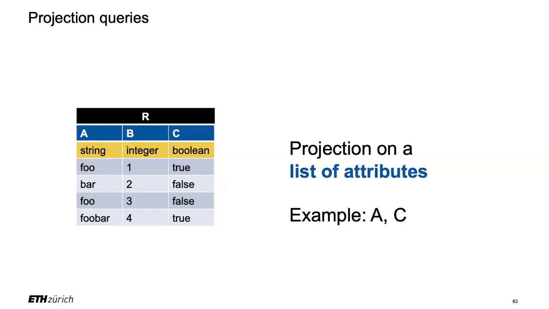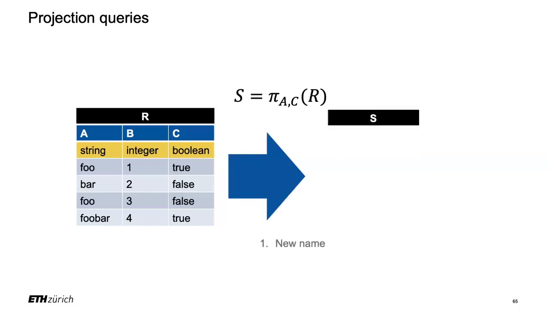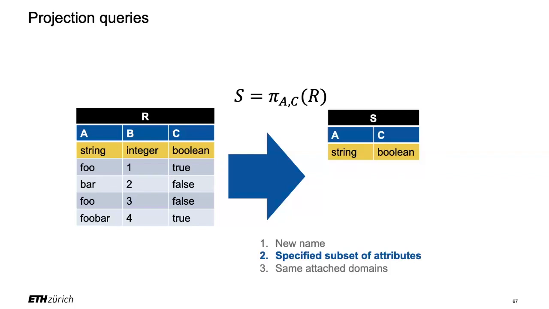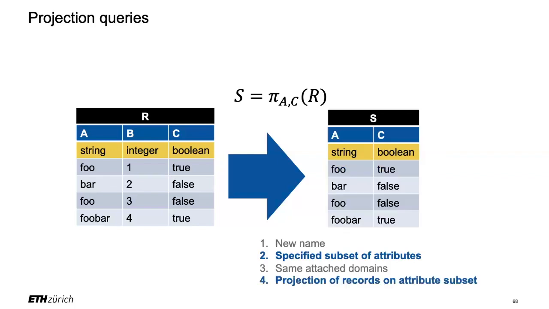For example, I have a table with attributes A, B, and C, and I want to project on A and C. So what I get is a new relational table that has fewer columns. I have A and C, but basically I remove B. I have the same domains as A and C, so these I don't change, and then I have my values in here.